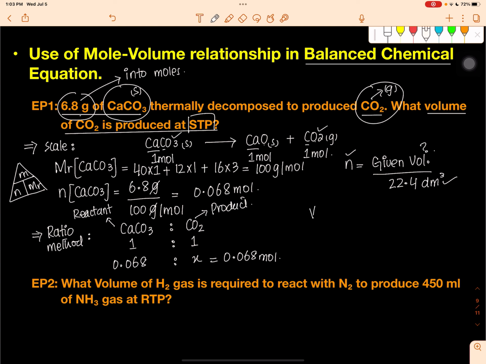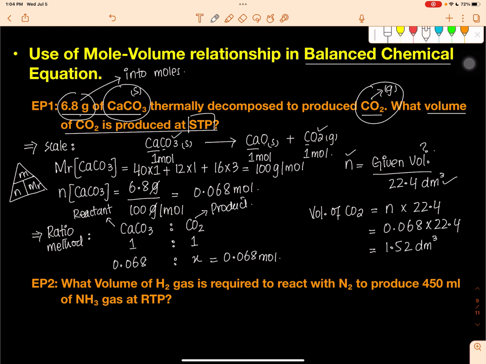So volume of carbon dioxide is equal to number of moles times 22.4. What do we get? 0.068 times 22.4. We get our result as 1.52 dm cube.